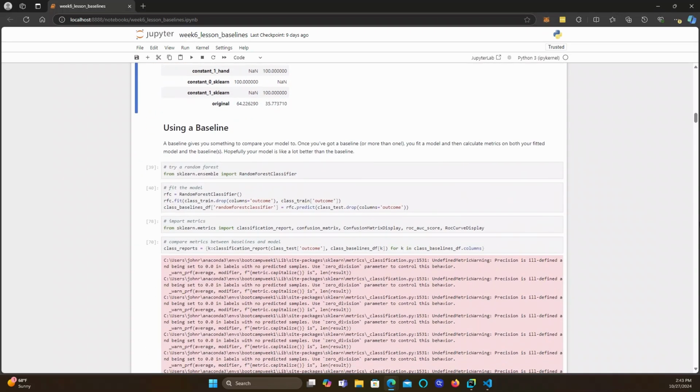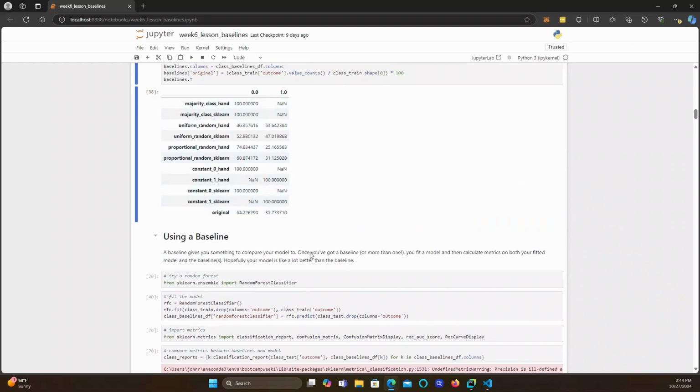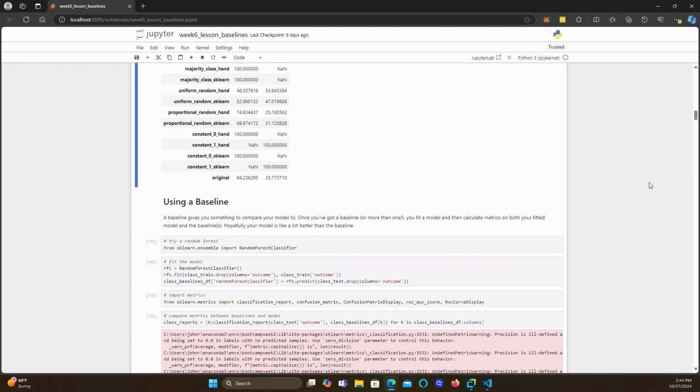Now, how do we actually use these? Well, a baseline gives you something to compare your model to. So once you've got a baseline, or more than one, it's okay to have 9 baselines, however many we did here, you fit a model, and you calculate metrics on both your fitted model and the baselines, and hopefully your model is a lot better than the baseline.